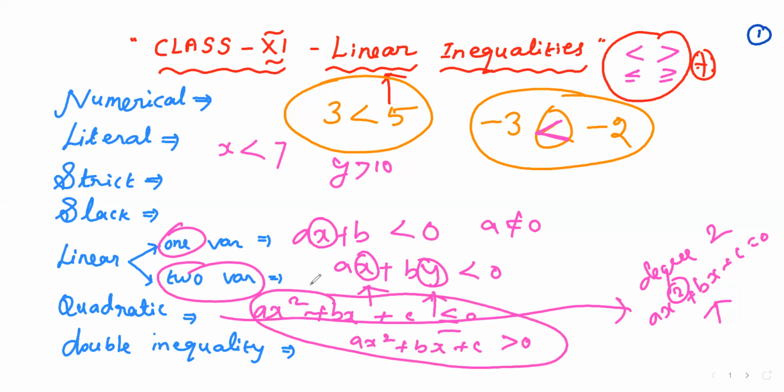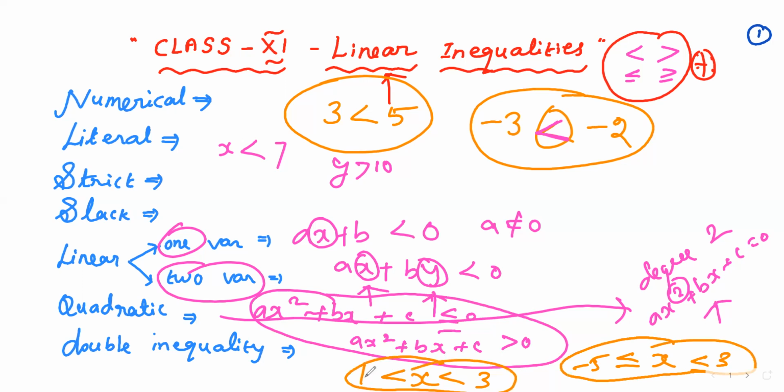What's the double inequality? Suppose your variable is lying between 2 values, this should be 1 and 3. Your solution set should be between 1 and 3, like that. Or your solution should be minus 5 to 3. This is the double inequality.